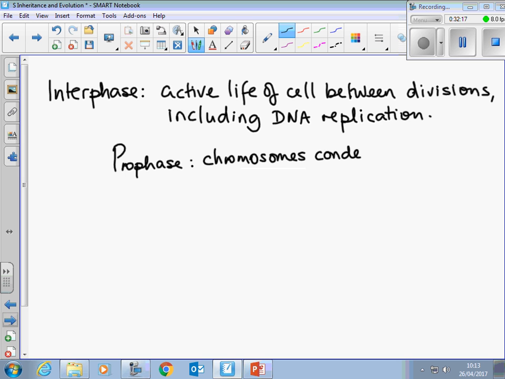I'm going to be very general about this, I'm not going to identify early prophase, late prophase, anything like that. So chromosomes condense, nucleolus and nuclear membrane disappear.